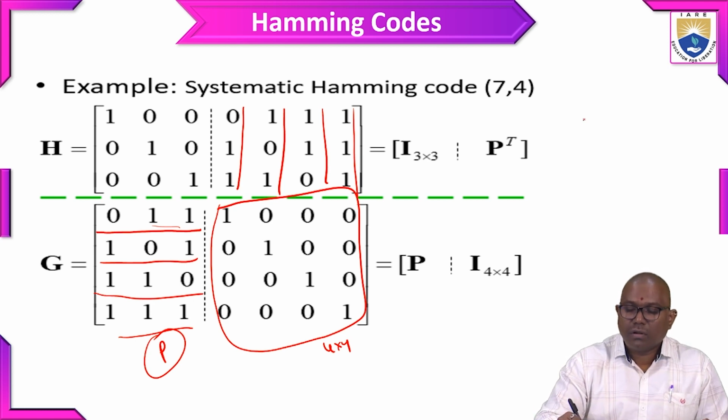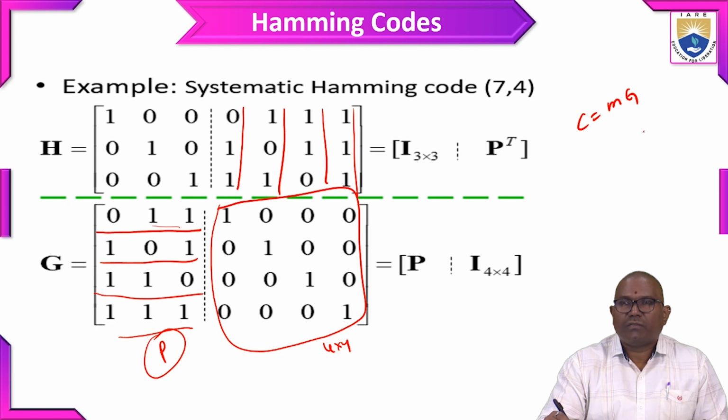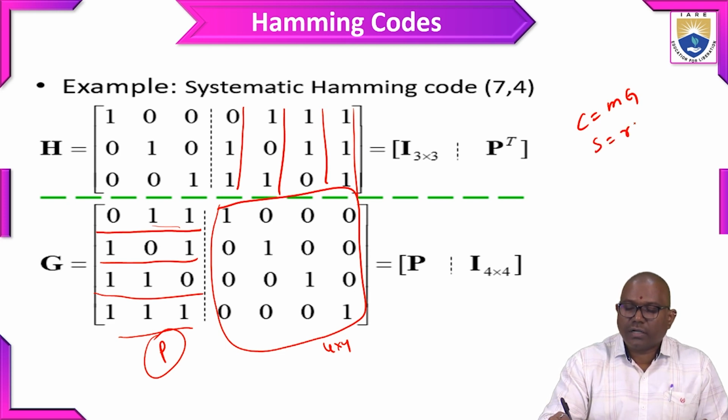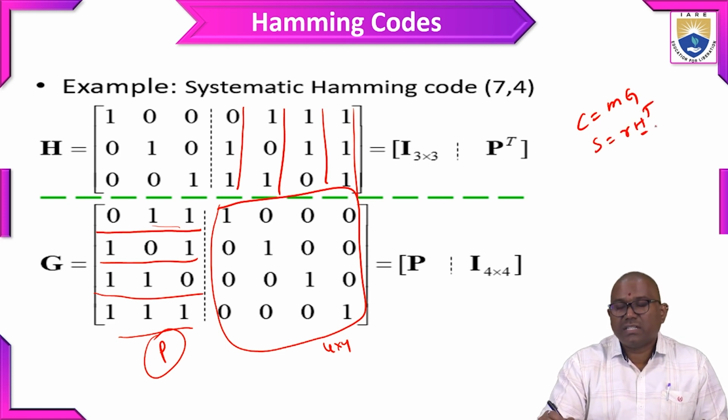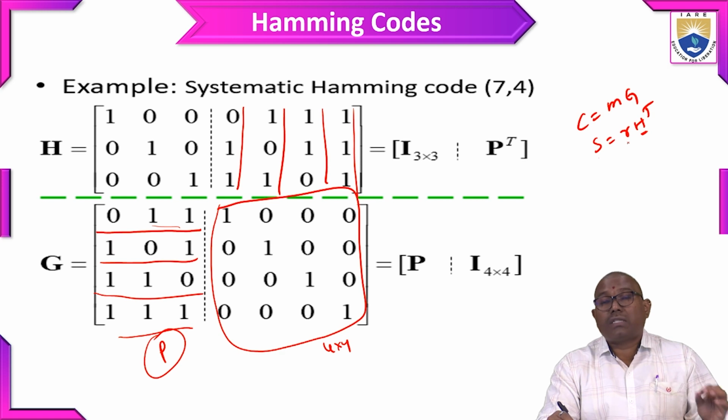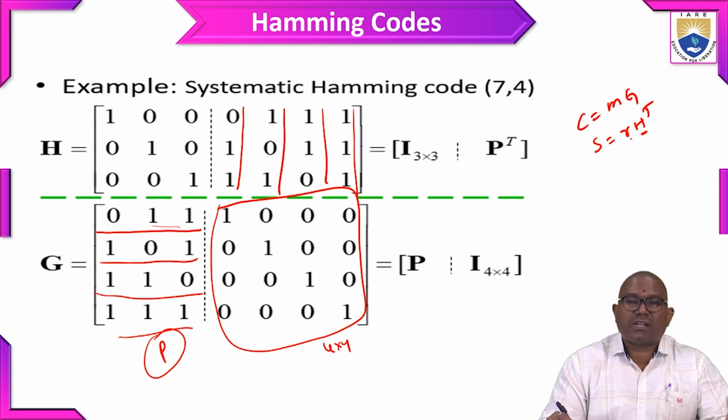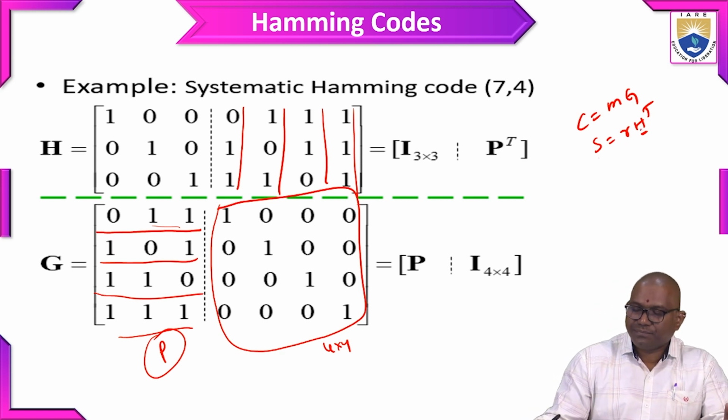Why? For the code, I require C equal to M G. For syndrome calculation, S equal to R into H power T. What is H? H is the parity check matrix. By using the syndrome, I am going to detect at what place the error has occurred. Okay?